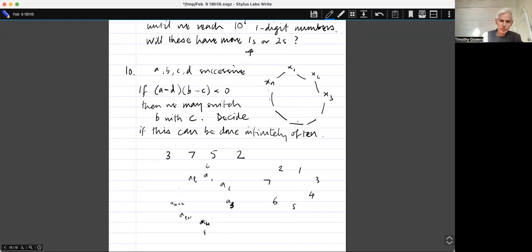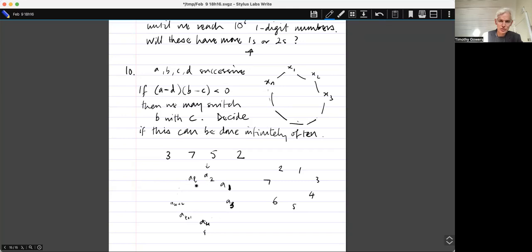We'll have a symmetrical situation down here. But supposing we were able to make a change, so if AL is bigger than A3, then we go from A2 to A1, and then we can't make that change anymore, and A2 is smaller than A4, A1 is smaller than A3. So now we're sort of stuck here.